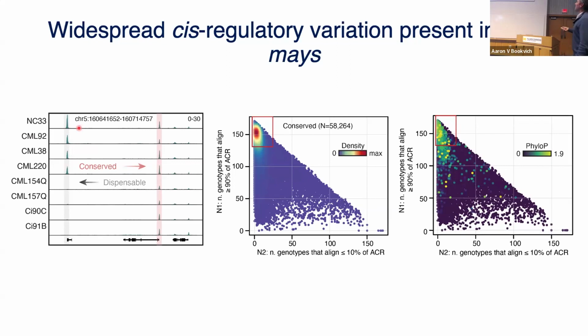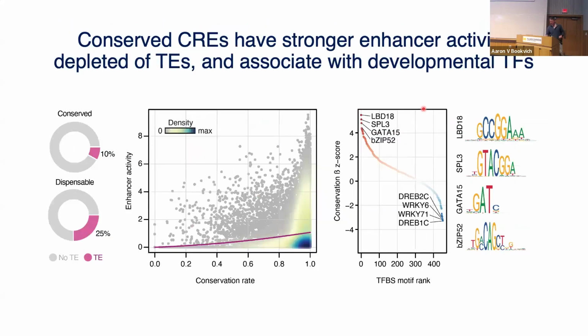Altogether, we found about 70% of accessible regions, the sequences themselves are conserved within the species. That's also supported by conservation across different plant species within the grasses. So we feel pretty confident these are very highly conserved, and other regions that do show regulatory activity tend to be more variable within this population.